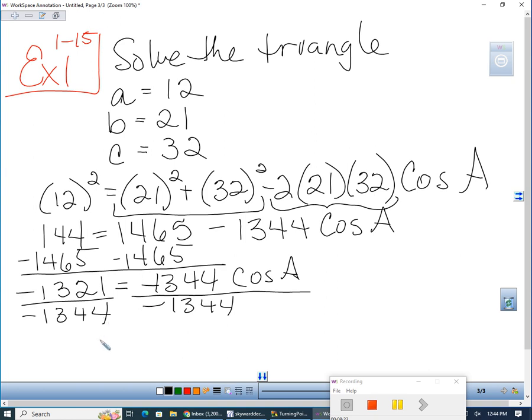0.983 equals cosine A. So what is it I put in my calculator in order to find what that angle is? Cosine inverse.